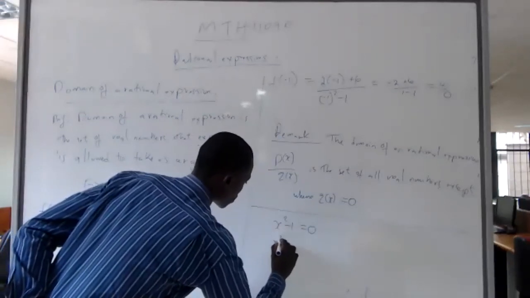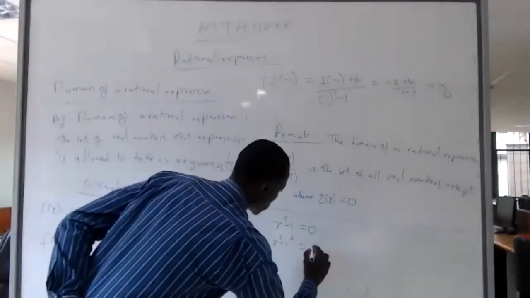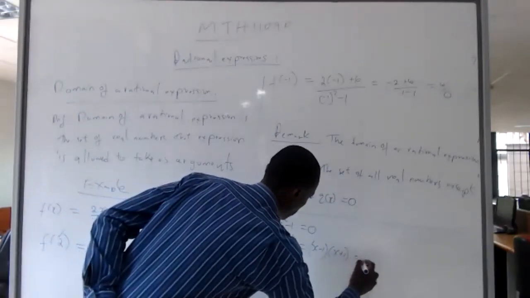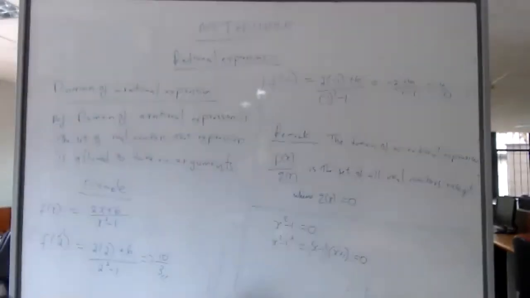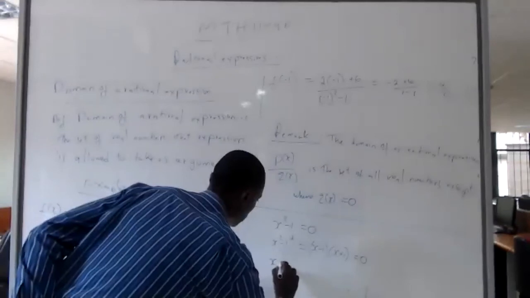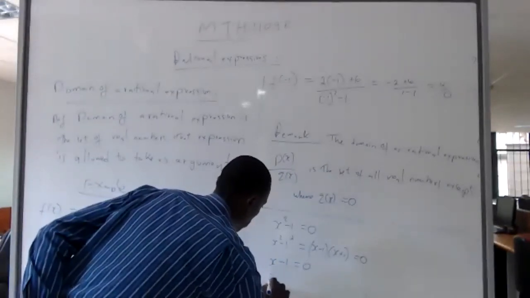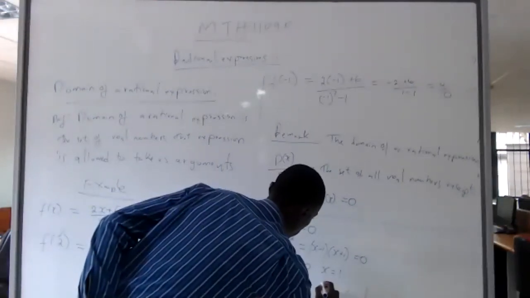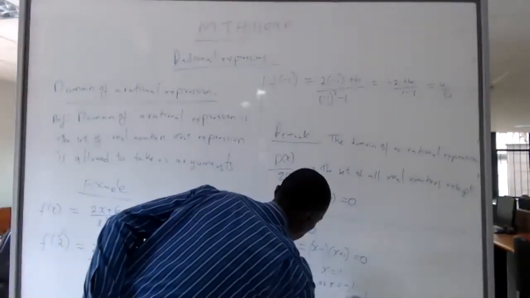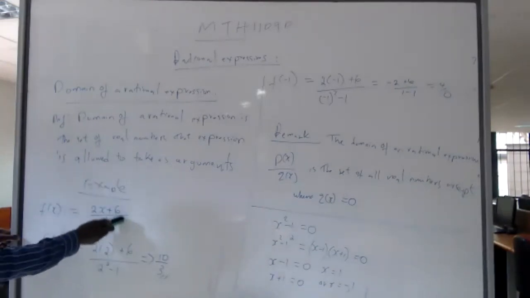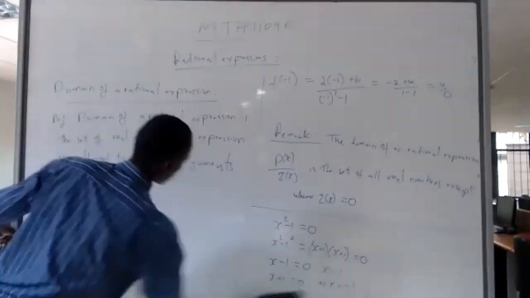So x squared minus 1 is the same as x minus 1 times x plus 1 being 0. And from your high school algebra, remember that this means x minus 1 is 0, or x plus 1 is 0. Therefore, x is 1, or x is -1. So the denominator will be 0 at 1 and -1.